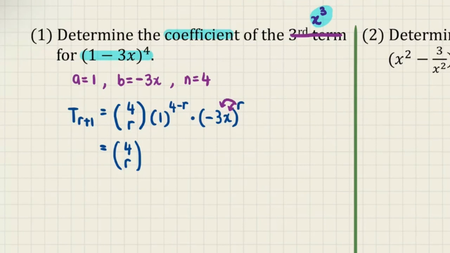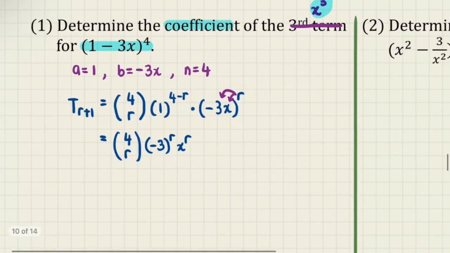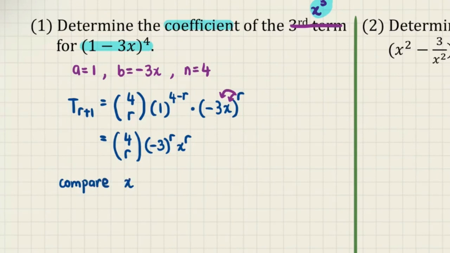So dia akan jadi negative 3 to the power of R, x to the power of R. Okay, so kenapa saya expand dengan ini? Sebab sekarang ini saya nak cuba dapatkan the value of R. So untuk dapatkan value of R, I am going to compare x cube dengan x to the power of R.